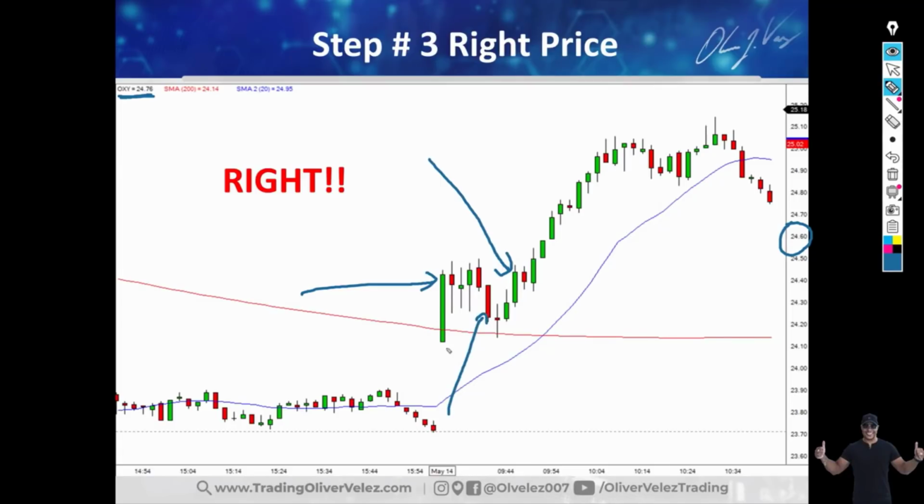Now, if I judge the size of this bar, more or less, let's call that 24.50, and let's call this 24.15, so this is a 30-cent difference.